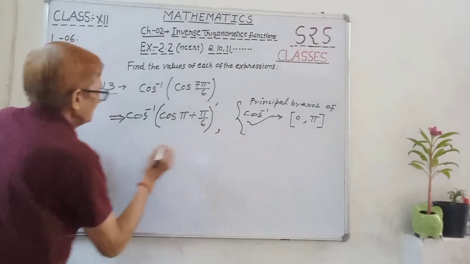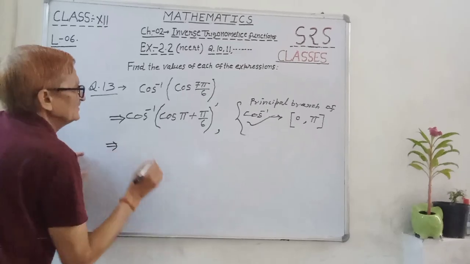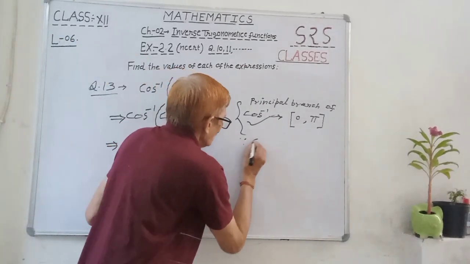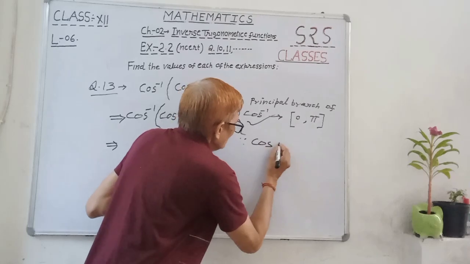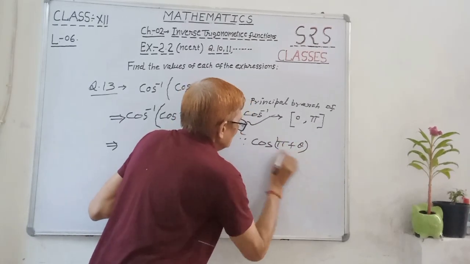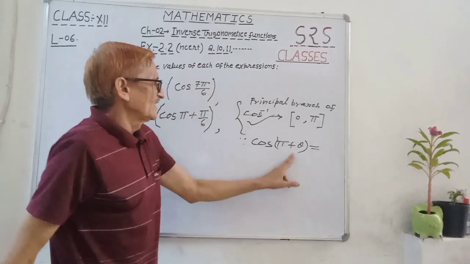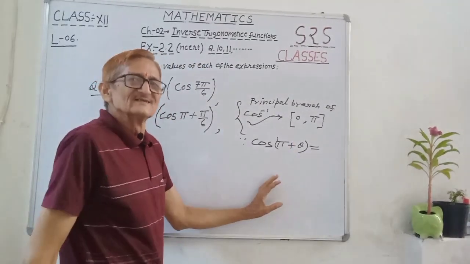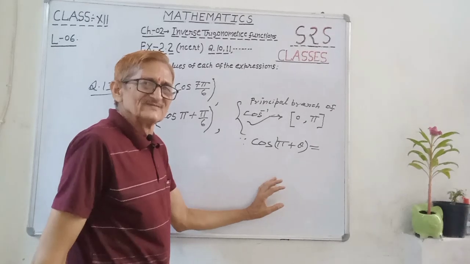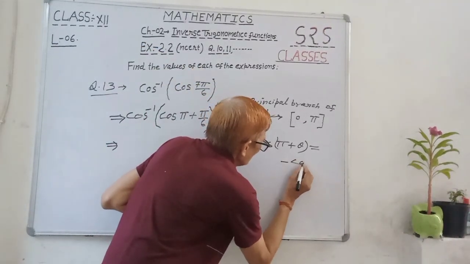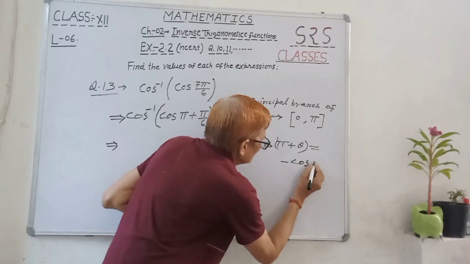So break this, and after that use one formula: cos of pi plus theta is equal to, it is in the third quadrant, and you know in the third quadrant cos is negative, so the output is negative, so negative cos theta.